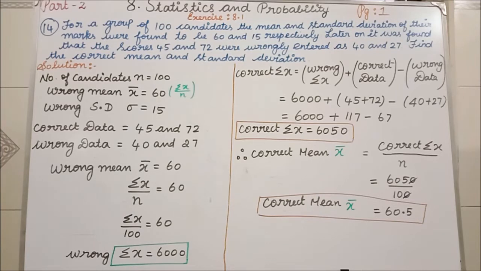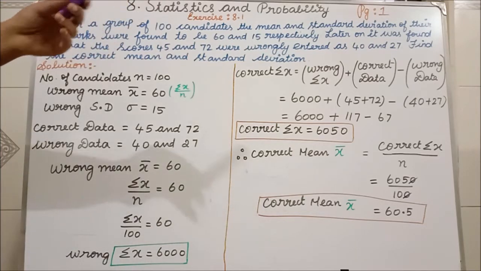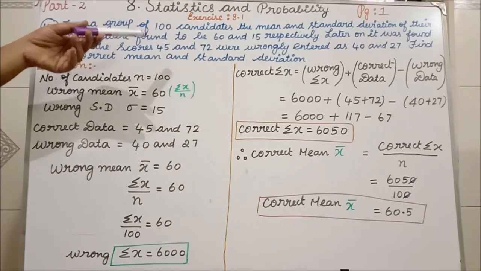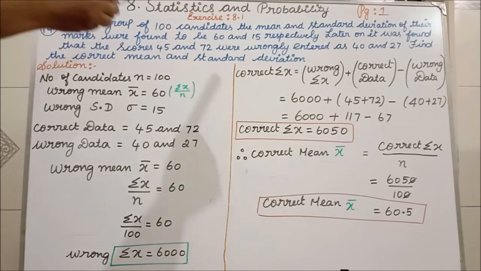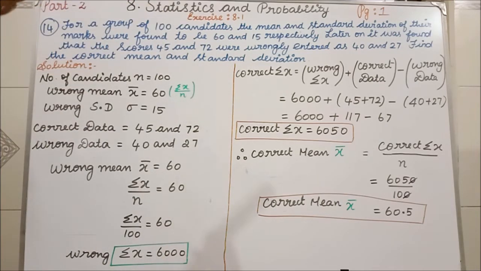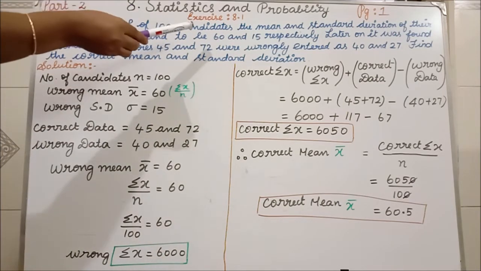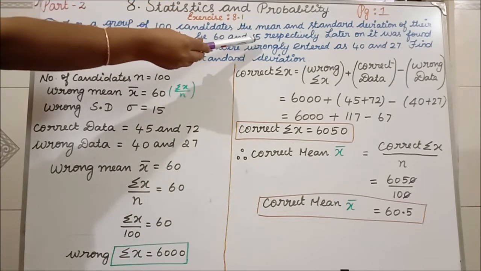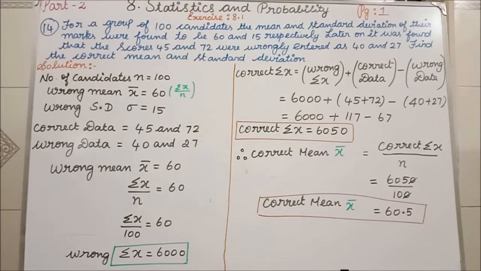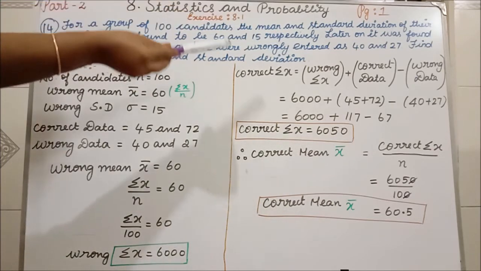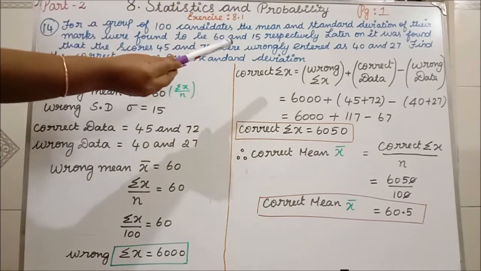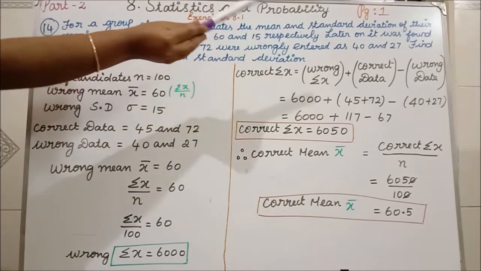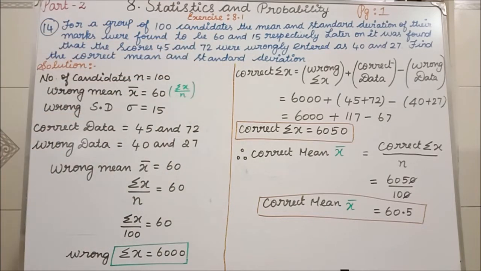Clear? For a group of 100 candidates, the mean and standard deviation of their marks were found to be 60 and 15 respectively. Mean is 60 and standard deviation is 15.